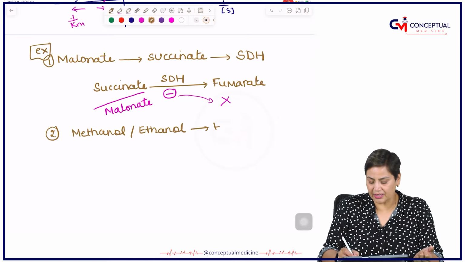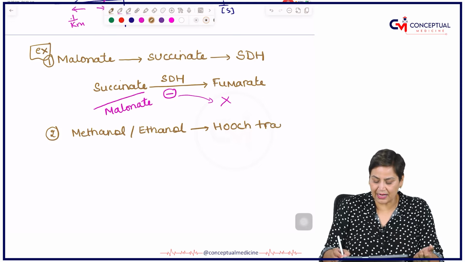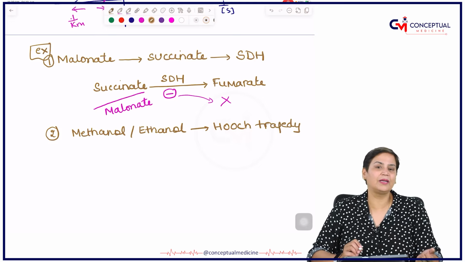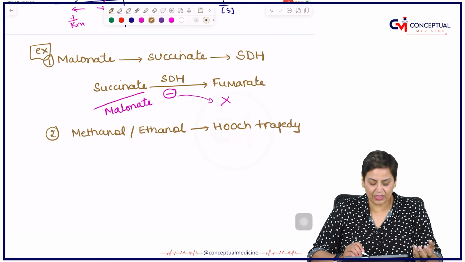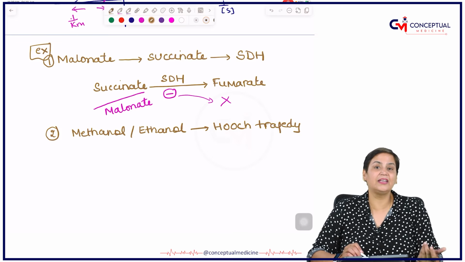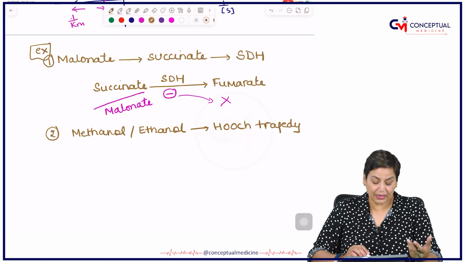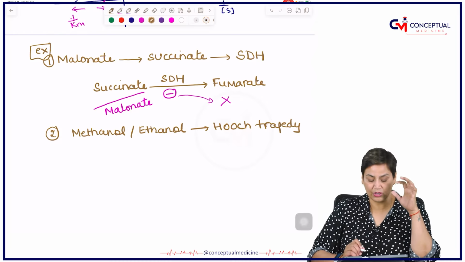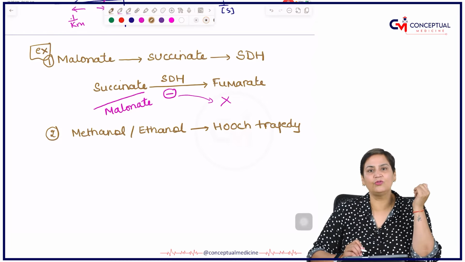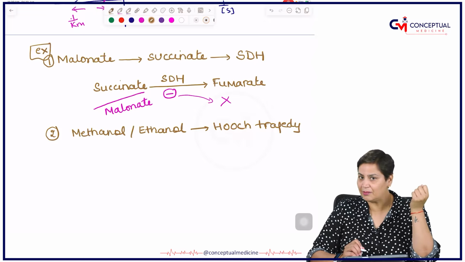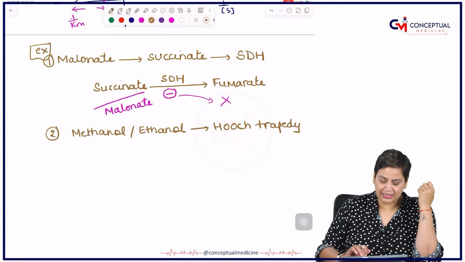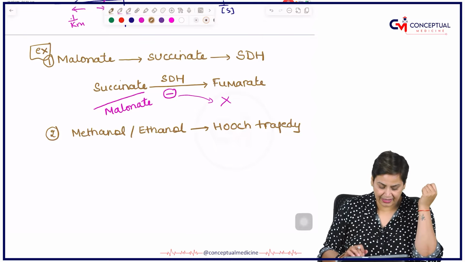In a huge tragedy, the same thing happened. Alcohol metabolism is altogether a different topic which we are going to cover next. But here I just want to tell you that again this is a kind of competitive inhibition. Ethyl alcohol is generally given as an antidote because methanol is actually poisonous. Methanol can be easily converted into formaldehyde or formic acid. Formic acid is highly poisonous. Okay. So these are the two very ideal examples.